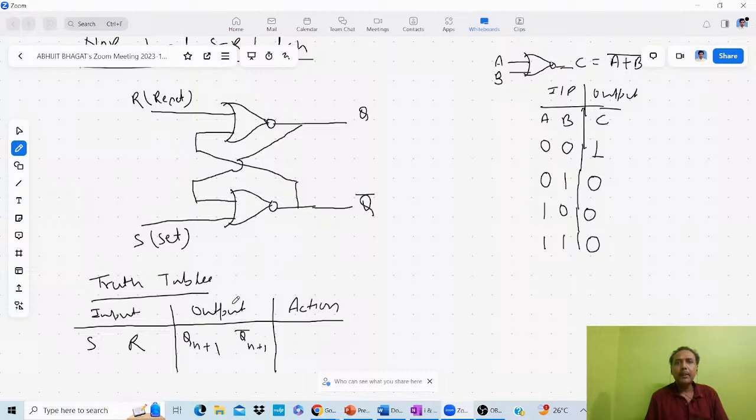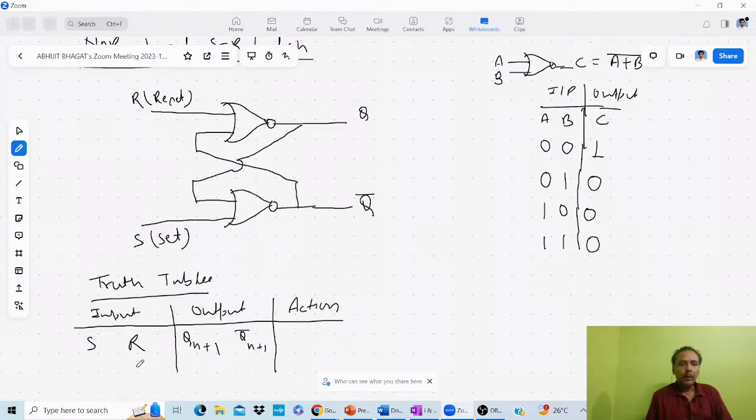This is the same as Q and Q bar. Suppose at time n you apply the input, and you get the output at time n plus 1. So Qn plus 1 means you are getting the output after applying the inputs.